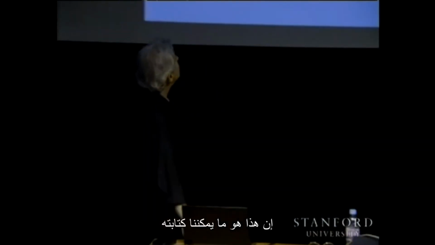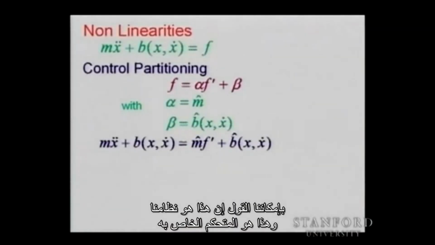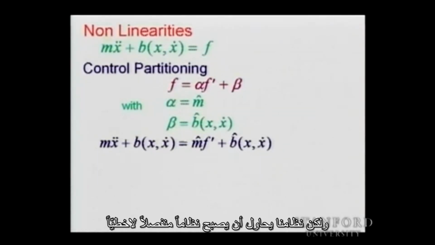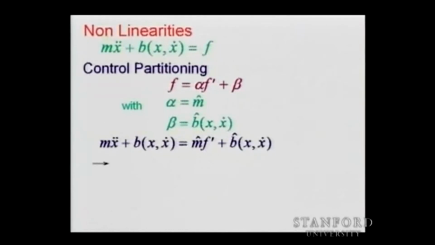So this is what we can write. We can say this is our system and this is the controller. You understand this controller? This controller is a nonlinear controller, but it is attempting to render in the closed loop your system to become a decoupled linear system. So here's the result.